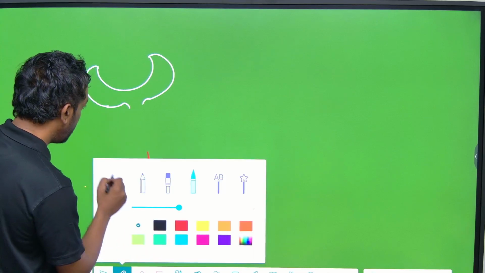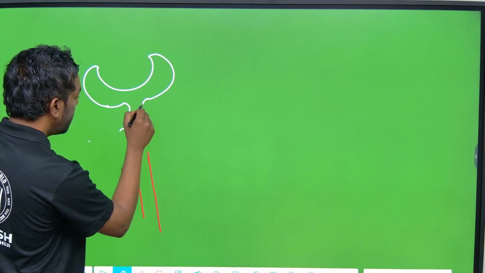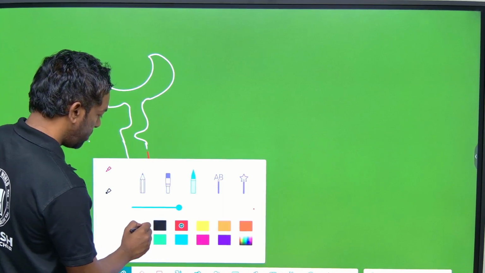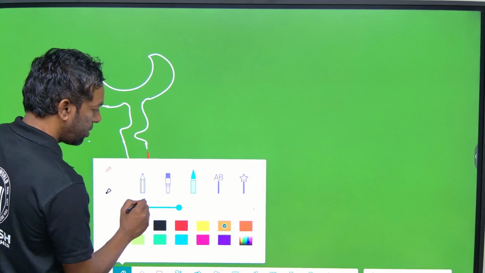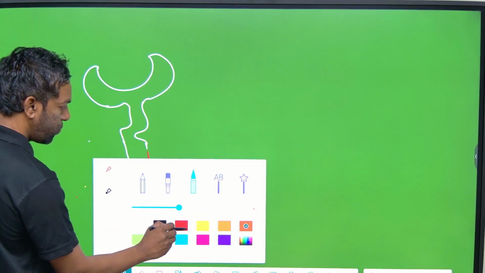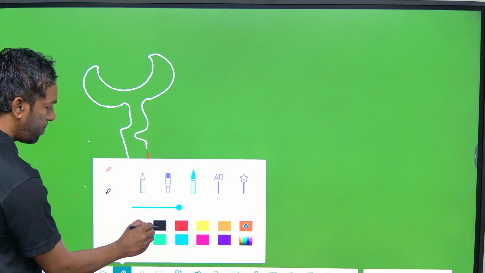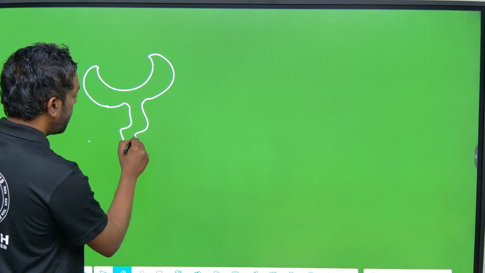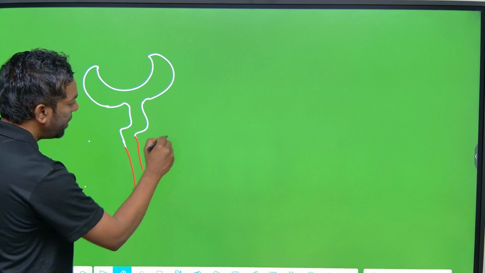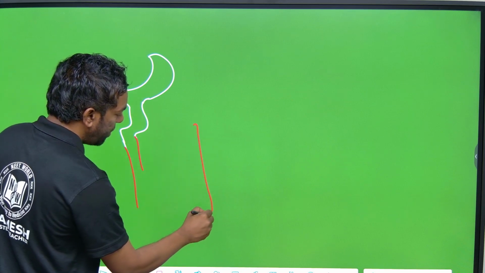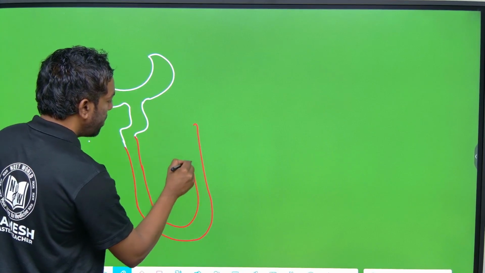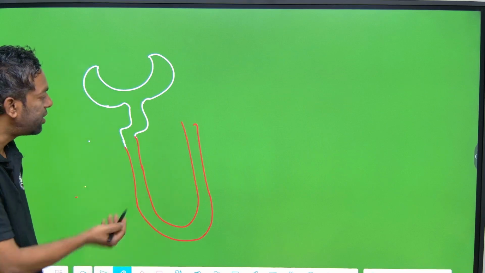I'm going to make it clear. This is the Henle limb, the descending Henle loop, and this is the ascending Henle limb.